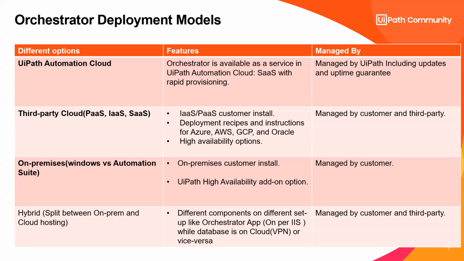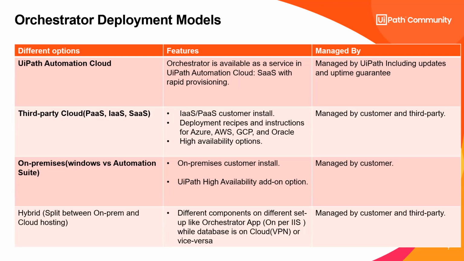And then you have a hybrid option, okay? So in the hybrid option, you will be splitting your on-premise component and the cloud hosting component. As I discussed in the previous slide, we have two core components. One is the Orchestrator app, which basically runs on IIS, and another one is a persistent database. So you could probably have a lot of permutations and combinations there, right? You can set up your database on Azure while your Orchestrator is sitting in your premise, right?